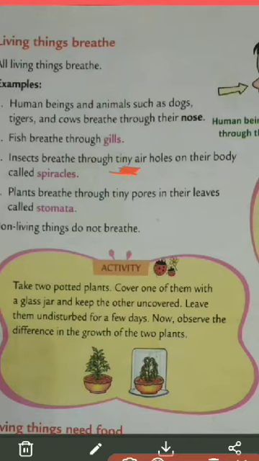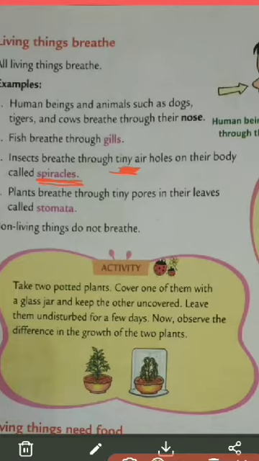Tiny means very small. They have very small holes on their bodies and these holes are called spiracles. So insects breathe through spiracles.